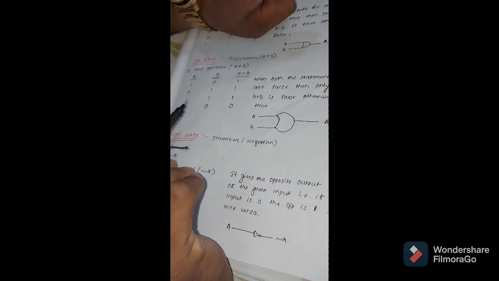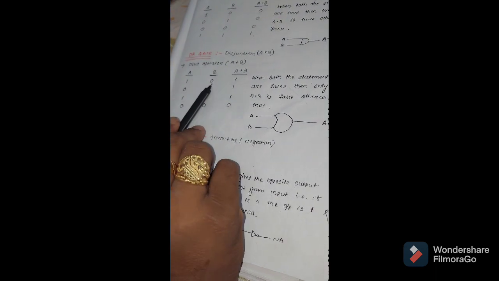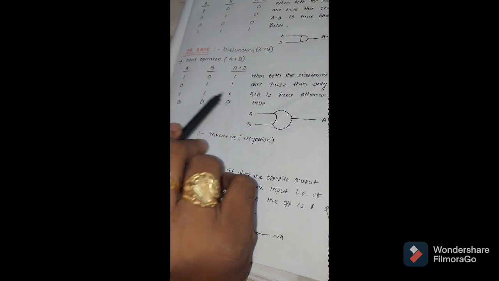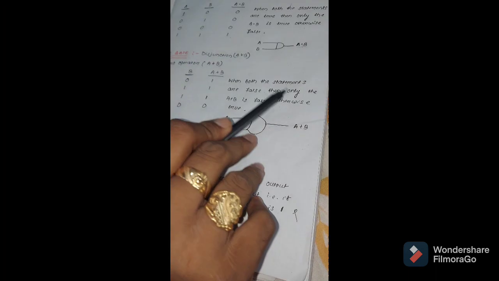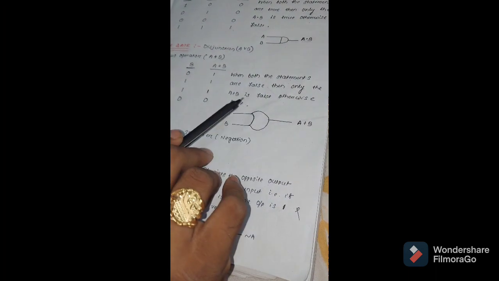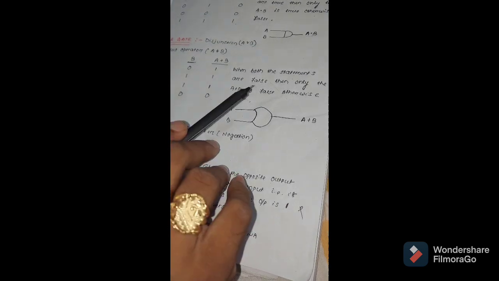In all the other cases, the answer will be true. Here you can see 1 0, 0 1, 1 1 give 1, and only 0 0 gives 0. I have written that when both statements are false, then only A plus B is false. Otherwise, it is true. Only when all of those statements are false is the answer false. Otherwise, in every situation, the answer will be true.